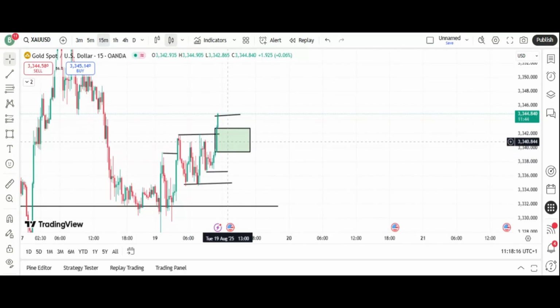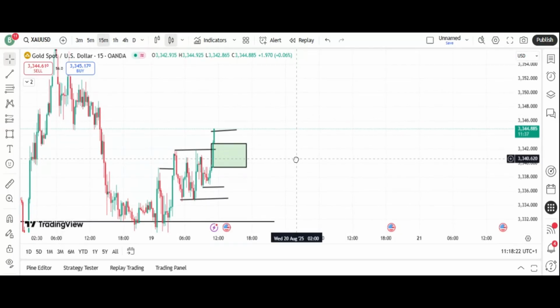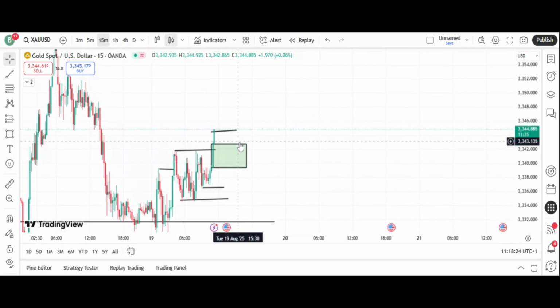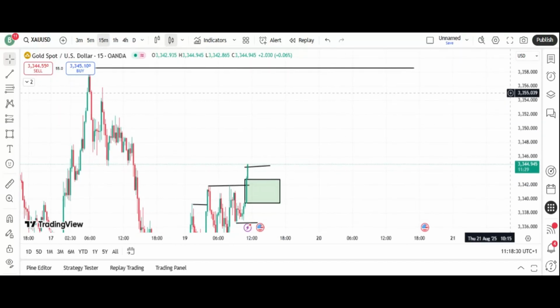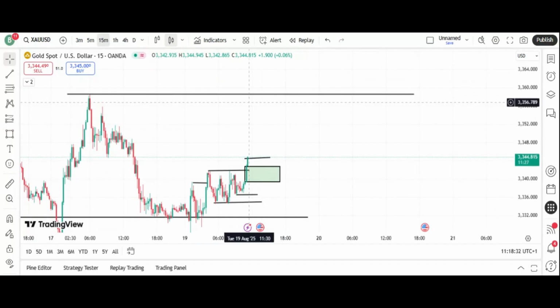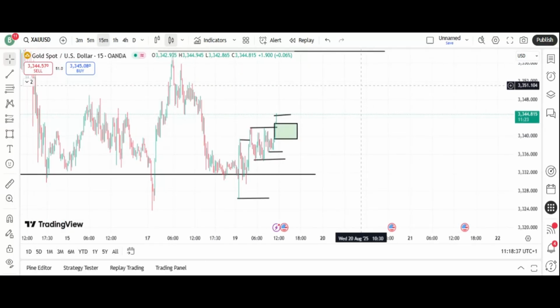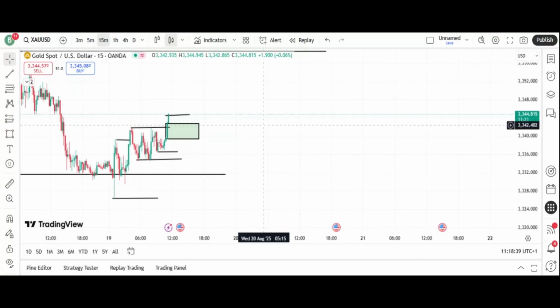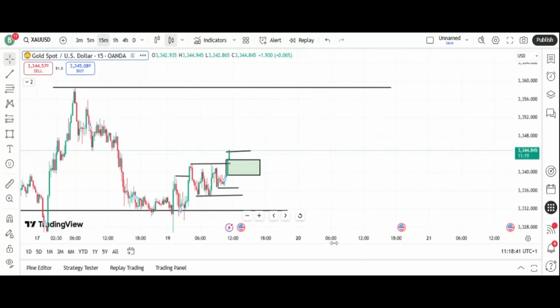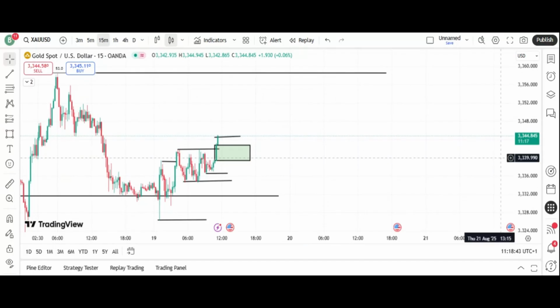So I expect price to come down and retrace into this section to move from here. So for me, I can storm into this trade immediately, and I advise all of you to do same. We're looking for a buy signal from here, target at most here. So that's what I'm expecting, guys. I wish you all the best. That's my gold analysis for today.